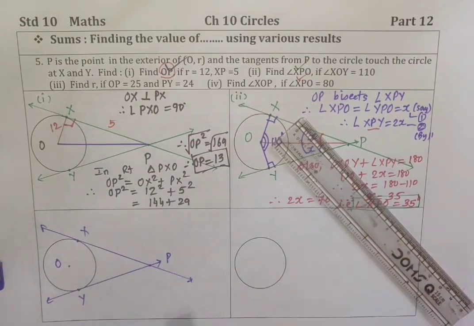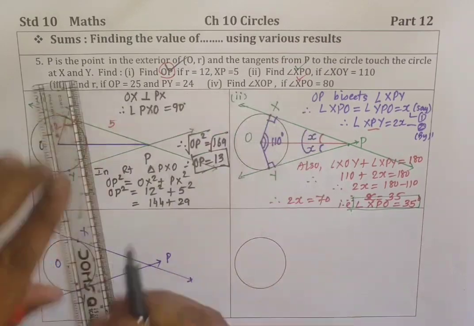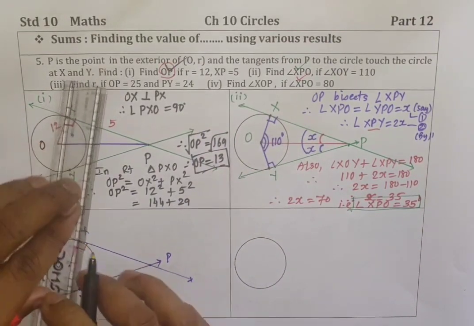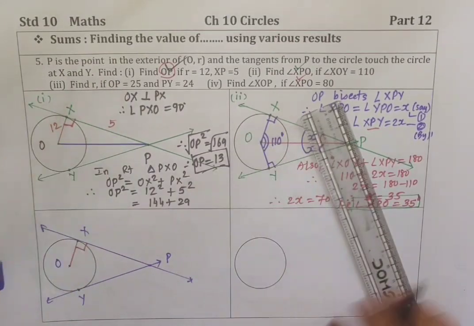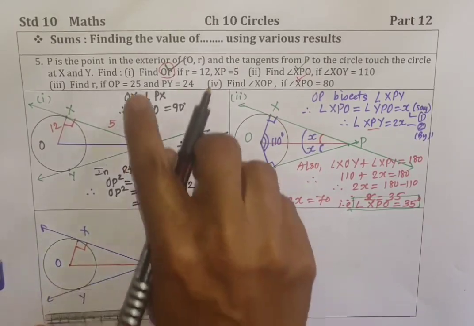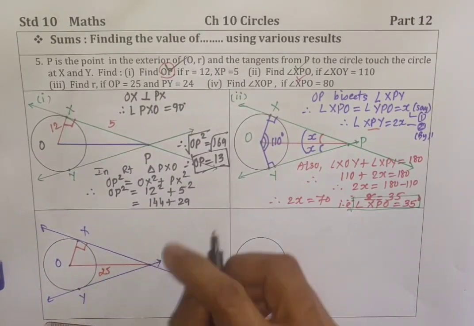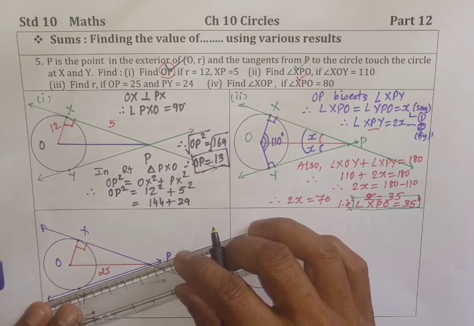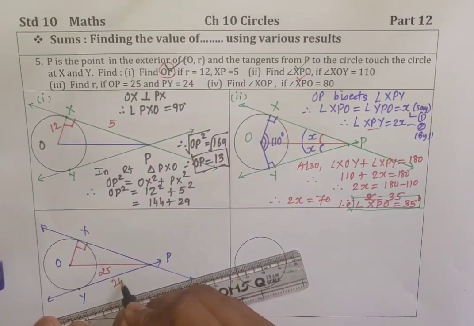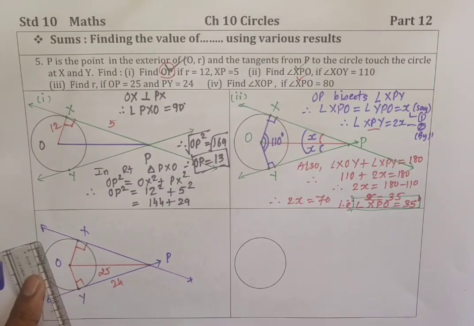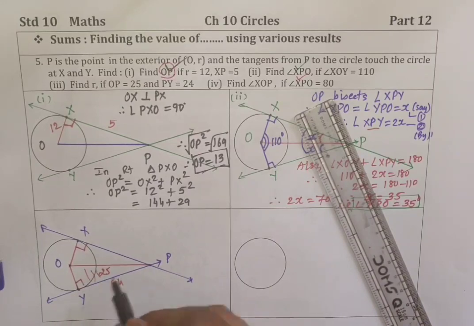Find R. You have to find the radius. Find R. R is OX. Radius is OX and it is perpendicular. Now let me draw OP. OP is 25 and PY is given here. PY is 24. OY is also a radius. Correct? So you use this triangle.